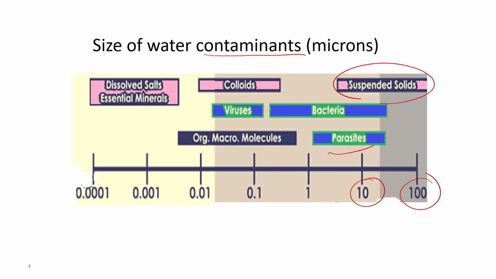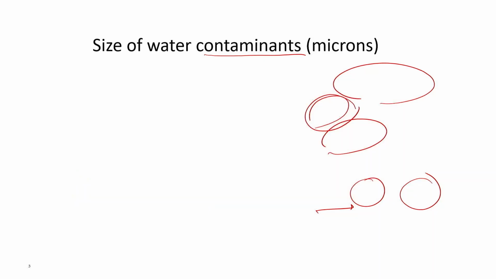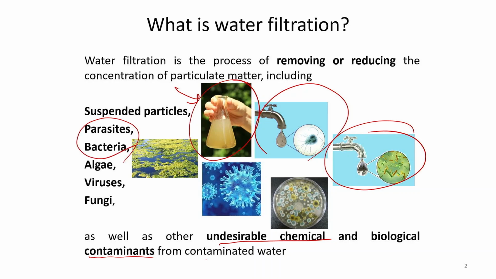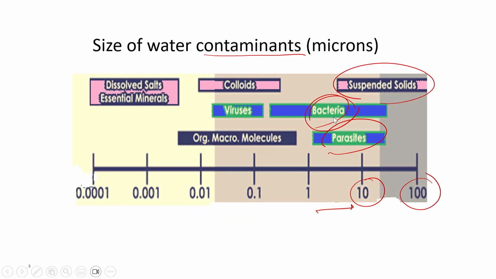Then parasites and bacteria are 1 to 10 microns. Bacteria are a little bit smaller in size, typically around 1 to 5 microns. So, the size of parasites and bacteria is 1 to 10 micron typically, and then you can see viruses, colloids and organic material.